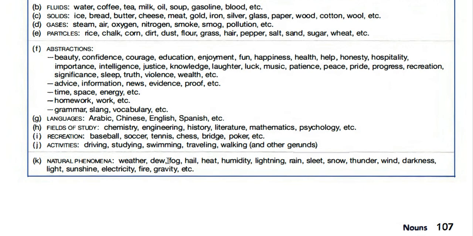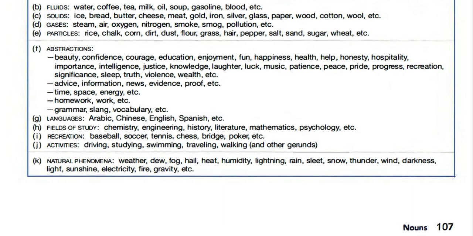For all of these natural phenomena, we cannot add anything to make them countable because we have only one gravity condition. We have fire, so firefighter, one electricity, one sunshine, light of the sunshine, snow, and rain, humidity. All of these words. What do you mean by humidity? يعني اللي هي الرطوبة العالية.